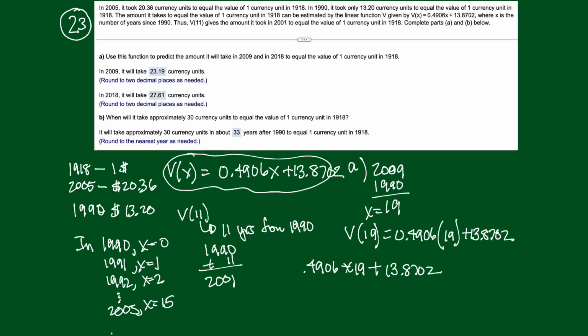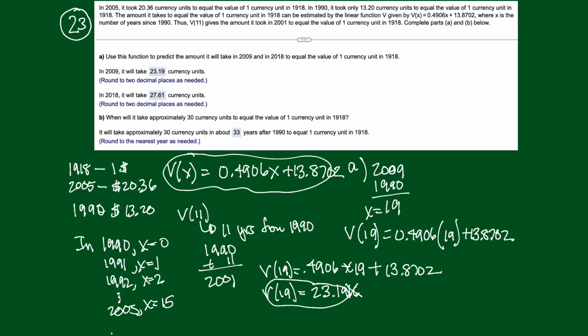Now, when I did this on my calculator, this is V of 19, by the way, I got V of 19 equaling 23.1916. Now, look, this is money, so I don't need those last 2 digits. So this is what I'm getting on my calculator. So how much did you need?